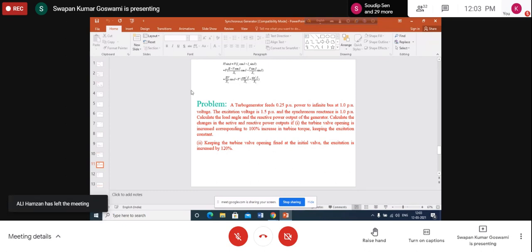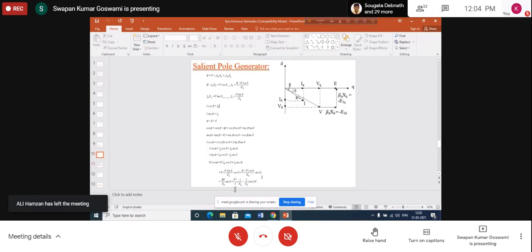As already I have mentioned, this part, because we are mainly discussing this part, is 15 to 20% of the total, and this part is almost 80%. But the salient pole machines, as we have discussed, are having more inherent stability, because for smaller variation in delta, you will have larger variation in active power.